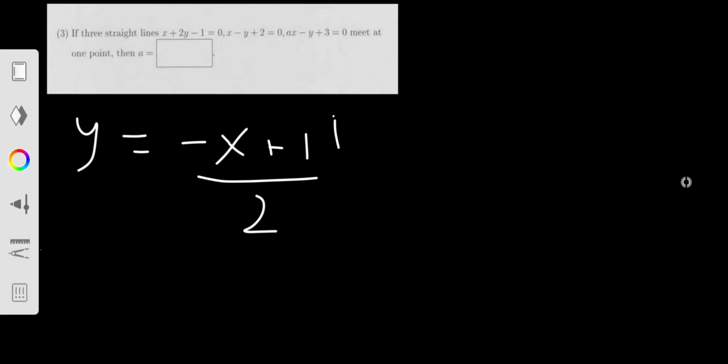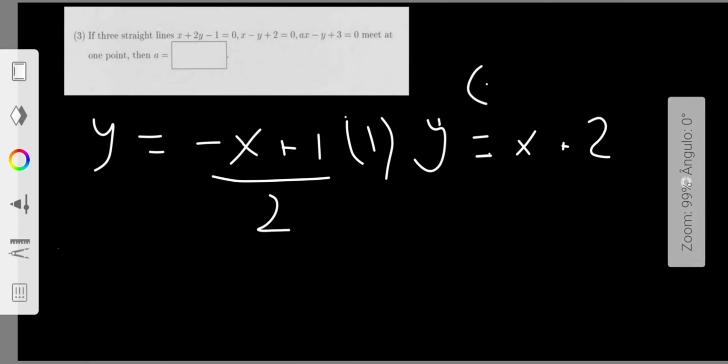So this is our first one. Our second one is just telling us epsilon by isolating epsilon: just put epsilon on the other side, and you'll have that epsilon is equal to x plus 2. This is our second.